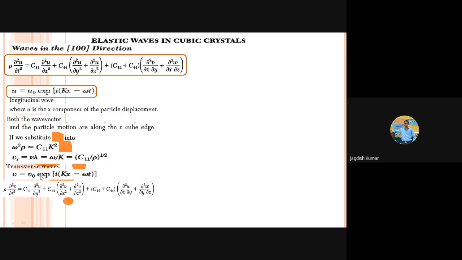Now again, the task is the same. You substitute this into this equation, and then finally you should arrive at this result. Do this quickly and let me know if you are able to arrive at this result. Yes, please quickly proceed.